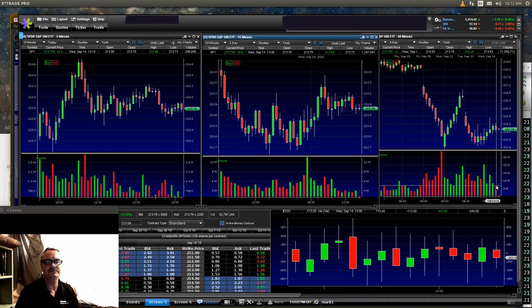Hourly, we're just on the 60-minute chart. We're still decreasing as we slowly move into the close. Less than 3 hours to close.